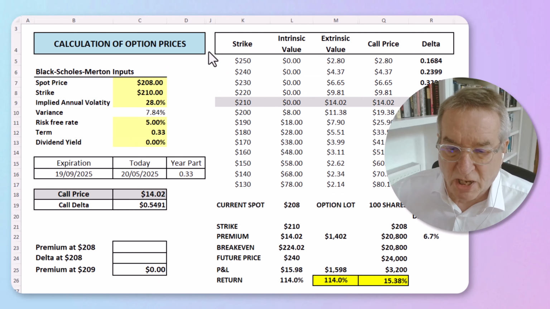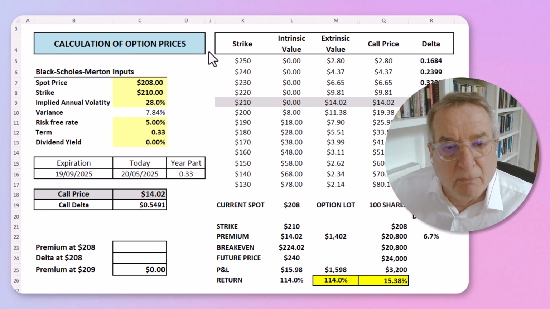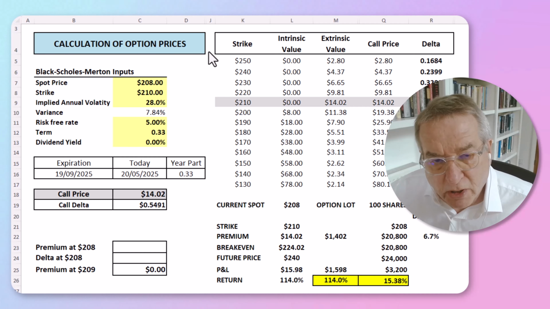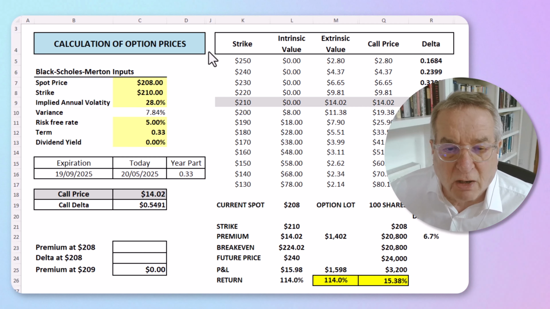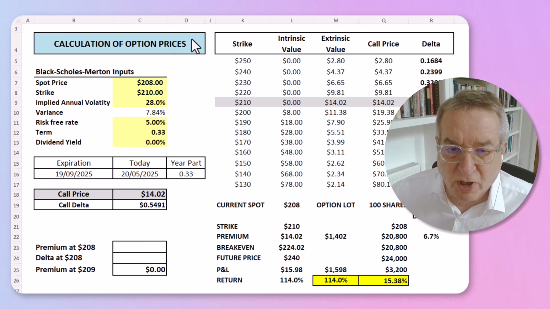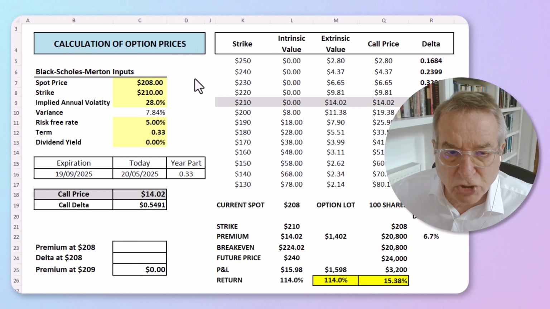Okay, so let us now continue within the workbook that I've mentioned, the Excel workbook, which essentially provides a model based on the Black-Scholes-Merton formula as to how to calculate fair value for option prices. To continue from where we were, we have this spot price for Apple of 208, and I'm going to use the 210 strike.